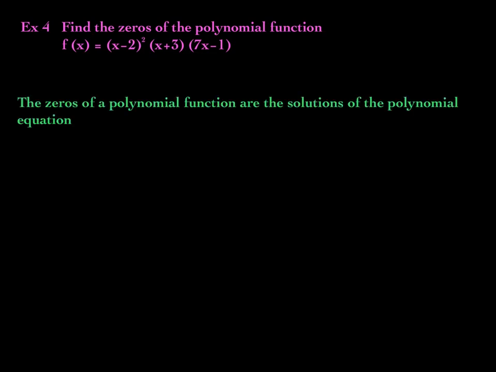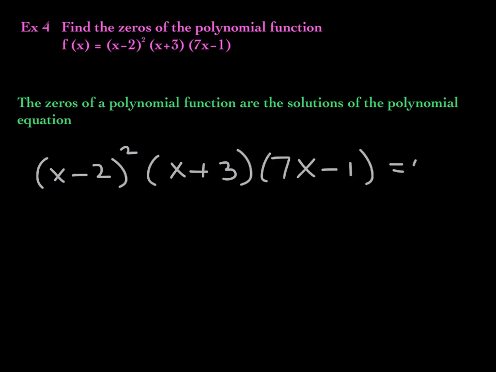So if they want you to find the zeros of the polynomial function, all we have to do is take this function and set it equal to 0 and then solve. The solutions of this polynomial equation are the zeros of the polynomial function.